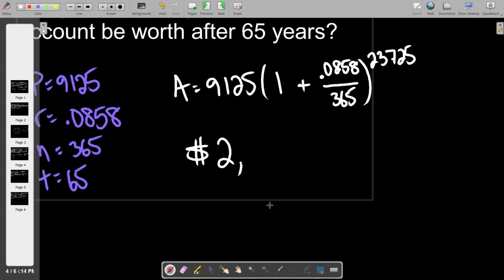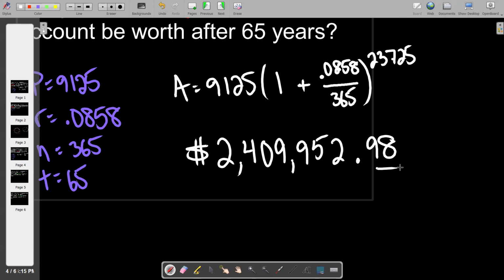Someone has to read your numbers. The calculator doesn't do it because it's just a dumb calculator, but it's hard to decipher. Anyways, it is 2,409,952.98. And I'm going to round that 7 up to an 8 because there's a 7 on the back of the 7.